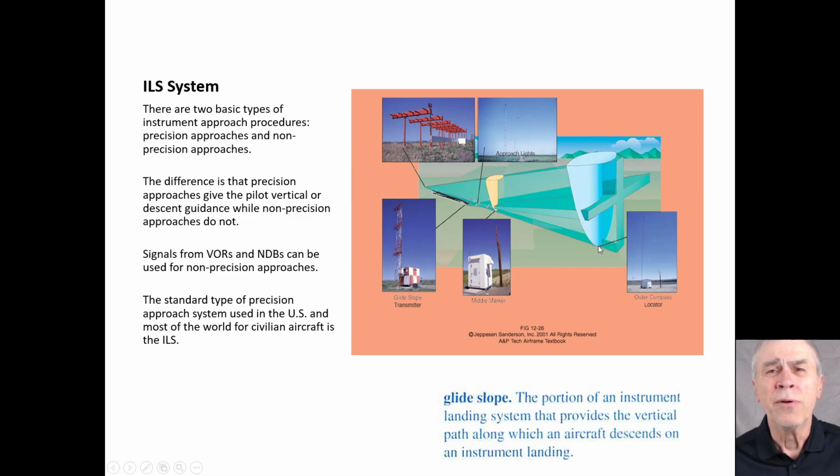You can see there's one radio signal as the plane is higher in the air, covering a broader area, and then this middle marker shown in the yellow is when the plane is much closer to the ground. And some airports actually have an inner marker also. Transmitter, approach lights, nothing else there.